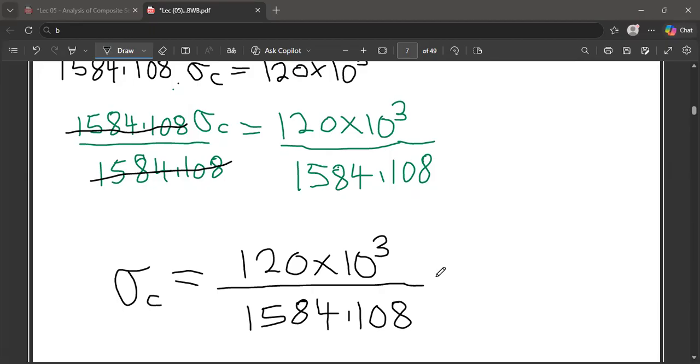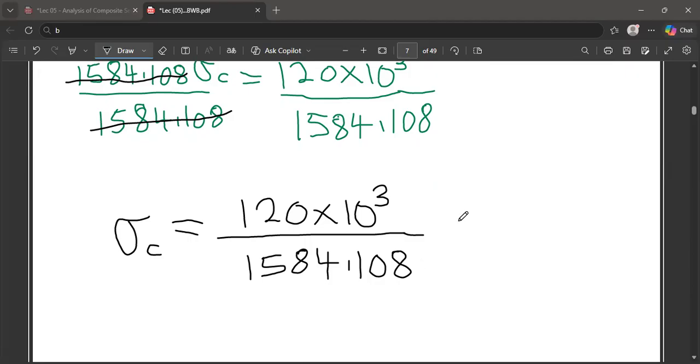At the end of the day, we just have to punch and then we see the answer we are going to get. So everybody, let's all quickly punch this together.